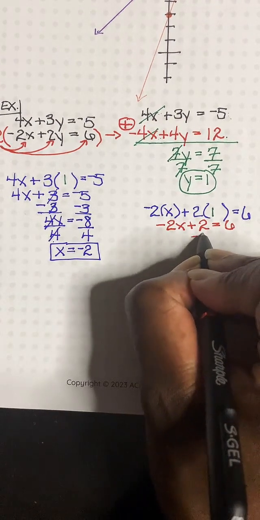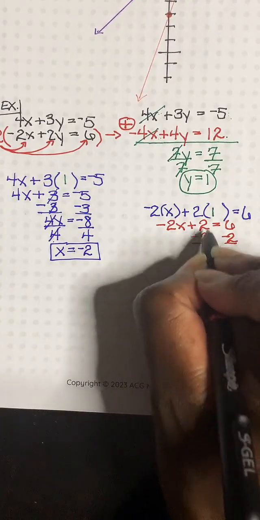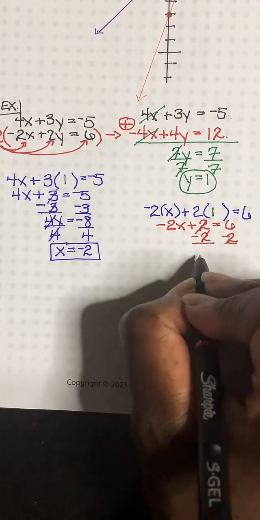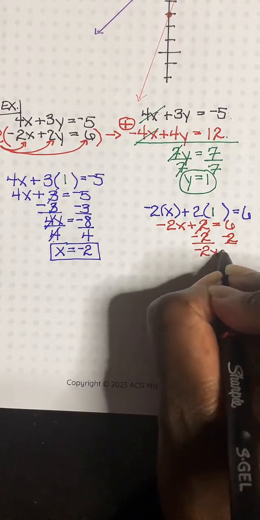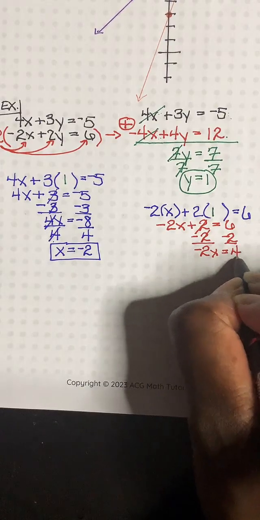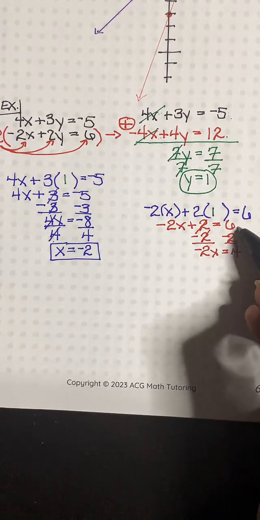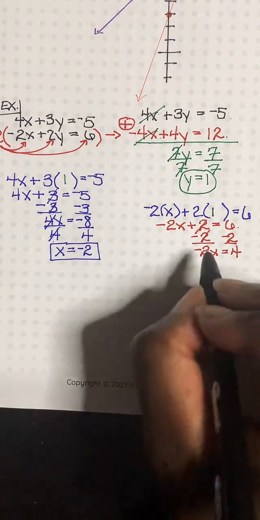So here I would subtract 2. So my 2's will cancel out. I don't need the 0 as a placeholder because I still have that negative 2x. And then 6 minus 2 gives me a positive 4. I have $6. I spent 2. I still have $4.